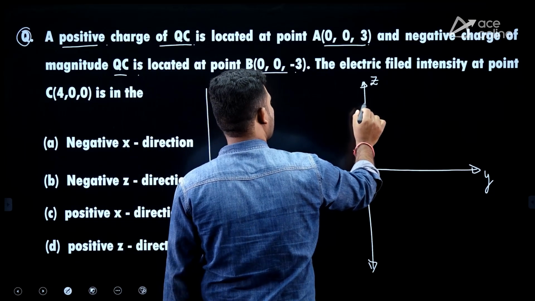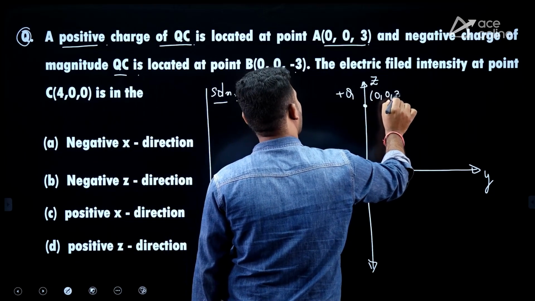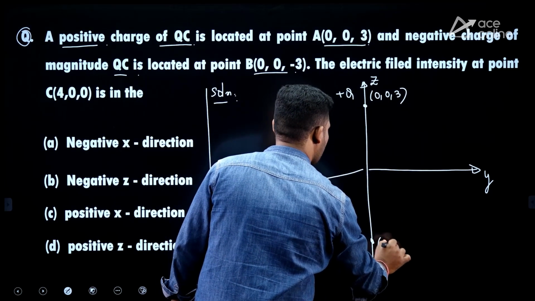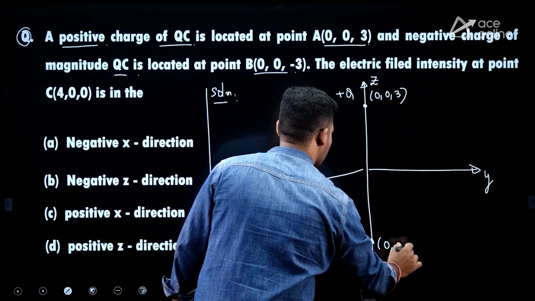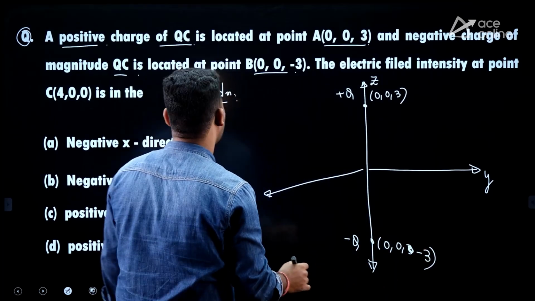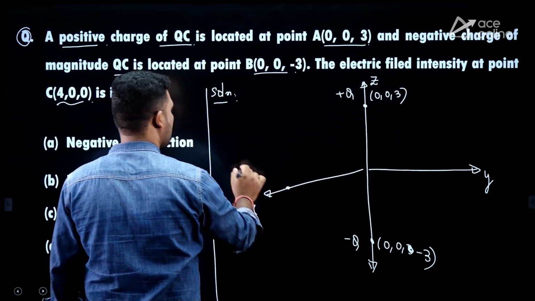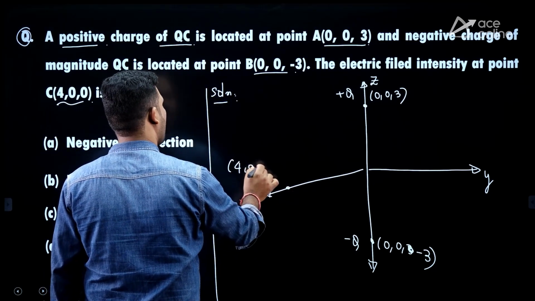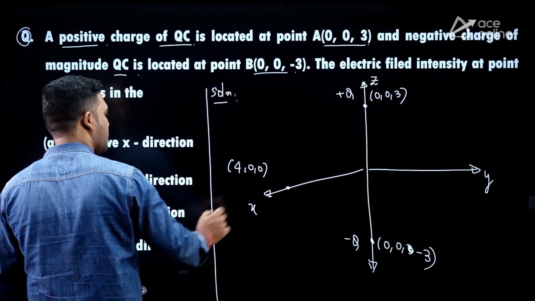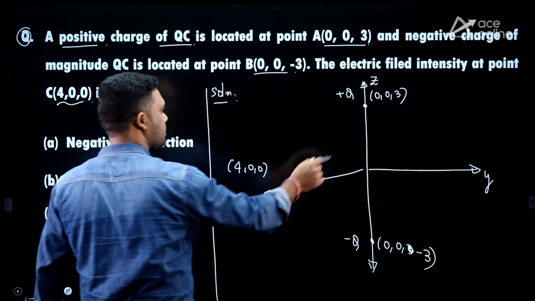So this is on the z axis. It is plus q at (0, 0, 3), and there is a minus q at (0, 0, minus 3). He is asking what is the direction of the electric field at (4, 0, 0), somewhere here on the x axis. So directly one can decide what is the electric field here. It is a positively charged one, electric field lines are outwards like this.